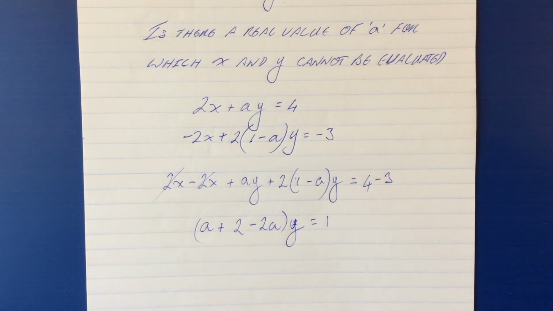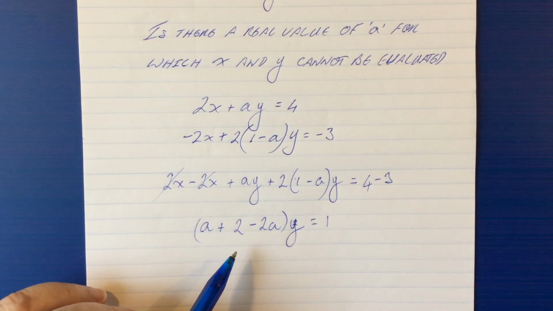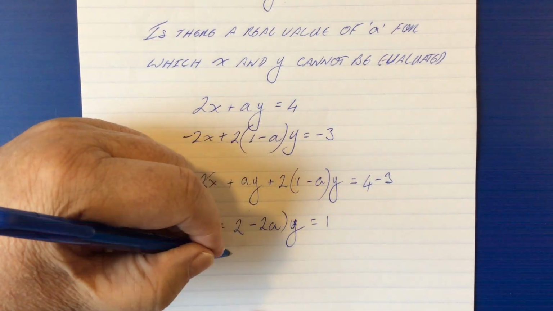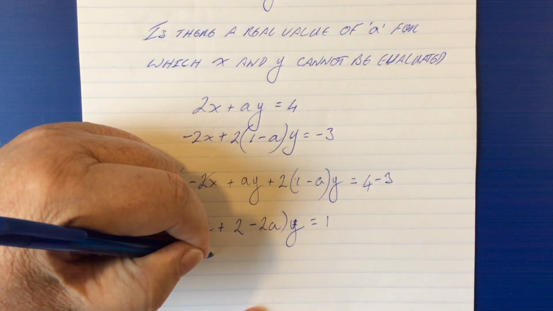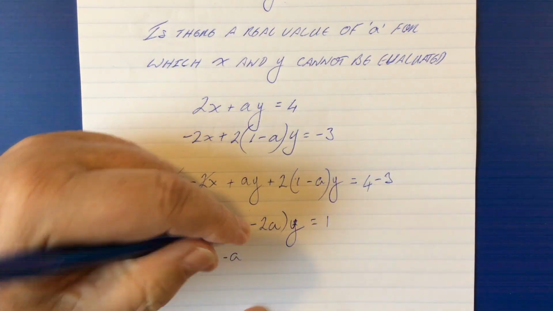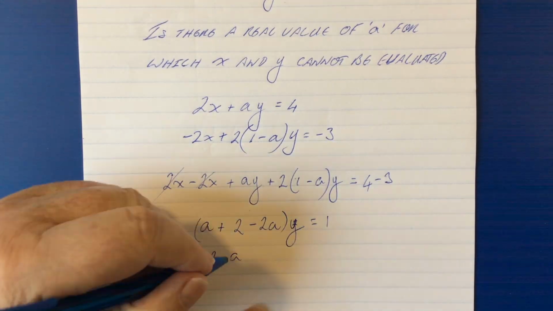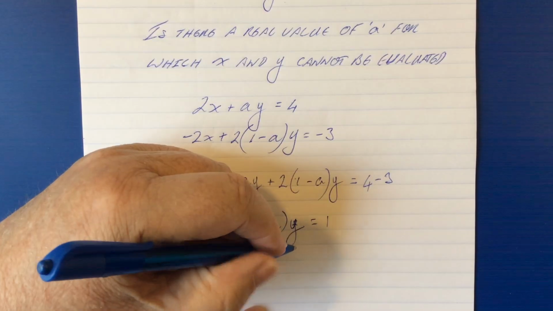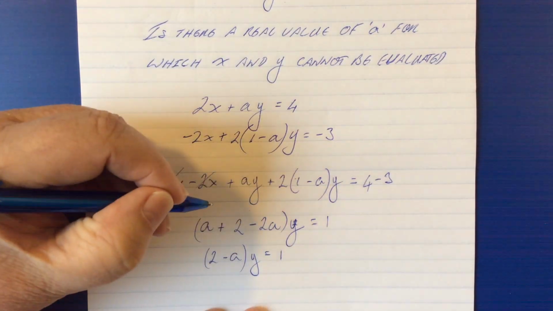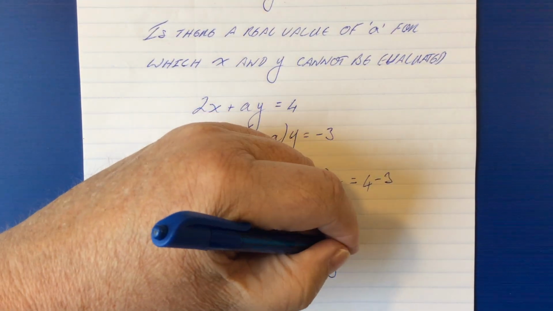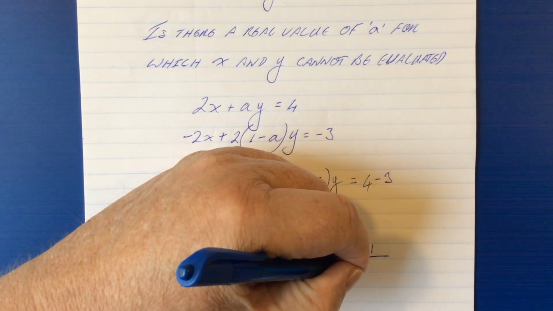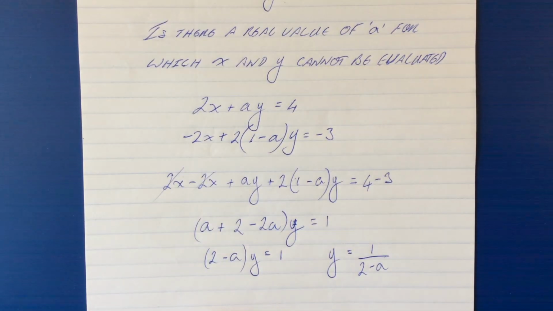Now, some more tidying. Let's see what we've got. We've got 2 minus a, that's the result of this, times y equals 1. So y is going to equal 1 divided by 2 minus a.